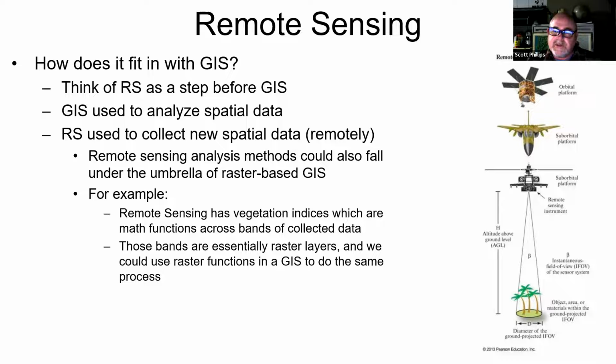That overlaps with raster-based analysis in GIS, because the information collected in remote sensing is often a raster data set. For example, remote sensing has vegetation indices, which tell you something about the relative amount of vegetation in a place across different bands of data. And if you took the processed satellite information into a GIS, you could do similar types of analyses.